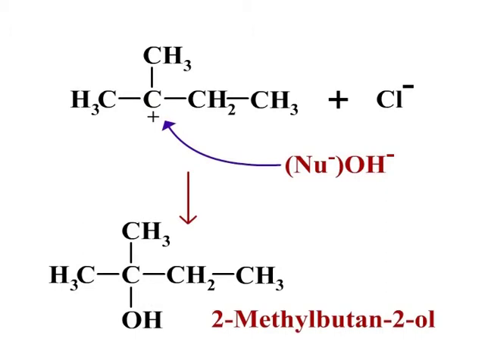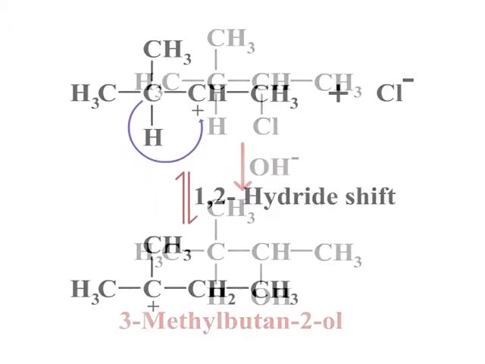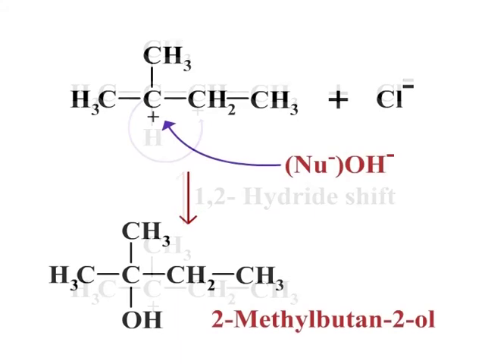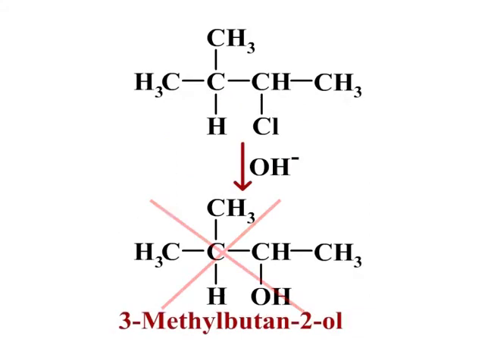Please note that the product of the reaction is 2-methylbutane-2-ol instead of the 3-methylbutane-2-ol because rearrangement of the intermediate carbocation occurs due to a 1,2 hydride shift. Thus, 2-methylbutane-2-ol is formed instead of 3-methylbutane-2-ol.